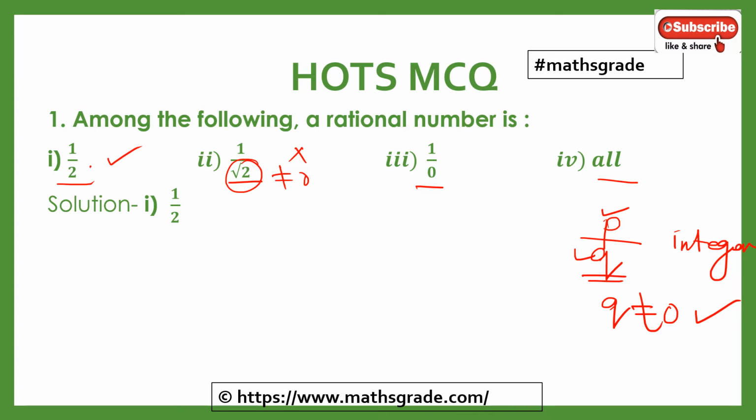Here 1 and 0 are both integers, but the denominator is equal to 0, and in a rational number the denominator should not be 0. So this is not a rational number. 1 divided by 0 is undefined. And the fourth, all of the above, is also invalid. So our answer is 1 divided by 2. First option is correct.